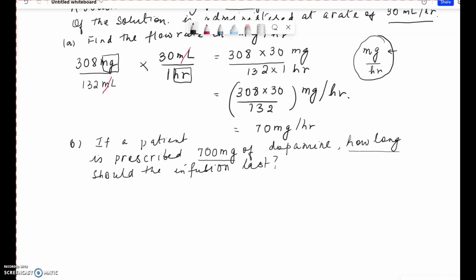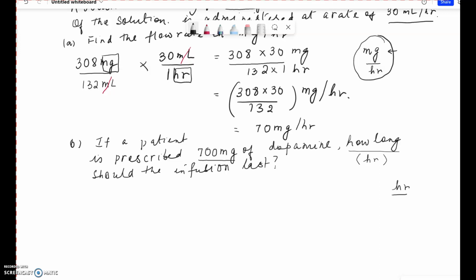should the infusion last? So the units of time, we're measuring it in hours. So how many hours should the infusion last? So your final answer has hours as the units, and that should be in the numerator.